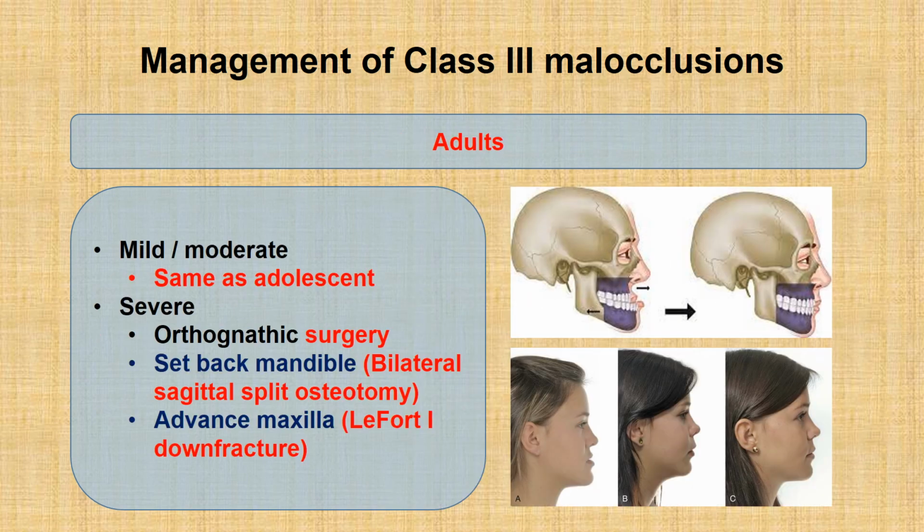Now, management of class 3 malocclusions in adults. Okay, if it is mild or moderate, then the management is the same as in the permanent dentition.